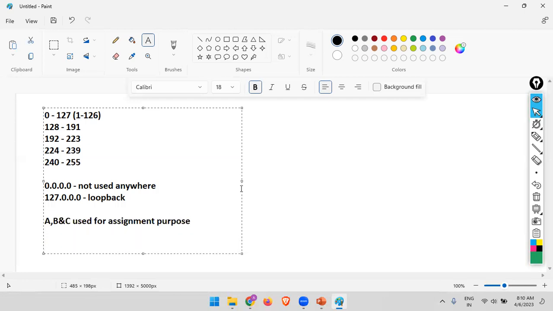Then class D is reserved for multicast. And E is reserved for research purpose. Okay. What is multicast? 1 to many, but not all. Okay. All right.